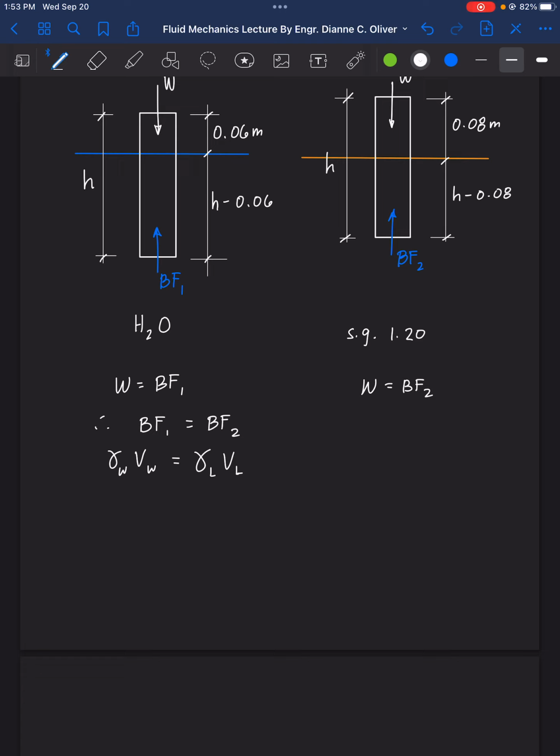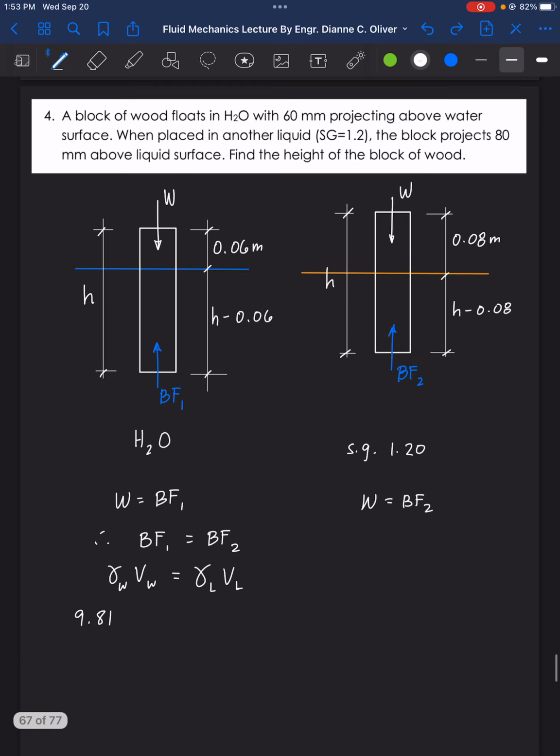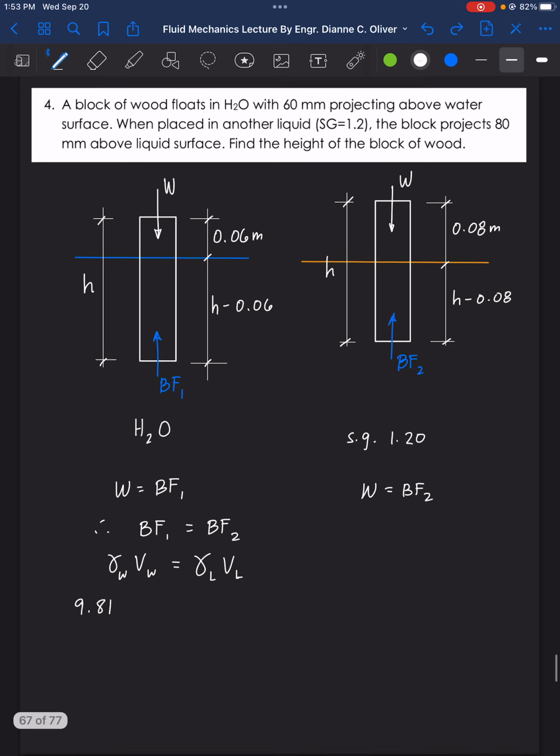Now for the gamma of water, we have 9.81. The volume is area times the height. There's no given area in the problem, so we will just put A, and the height being h minus 0.06.